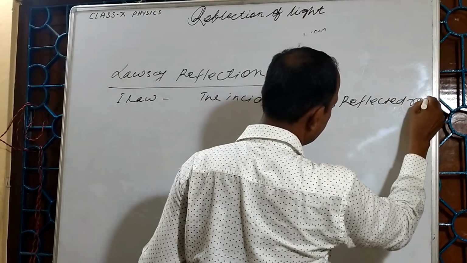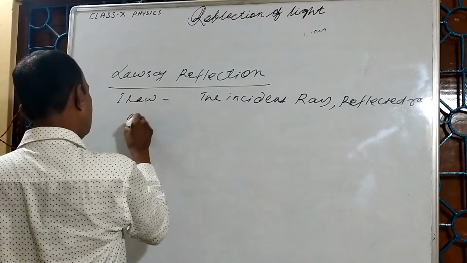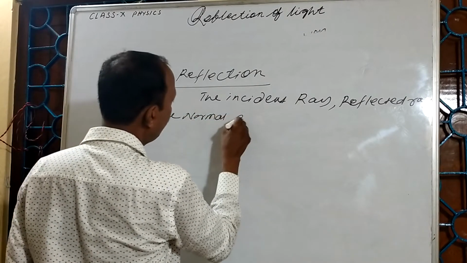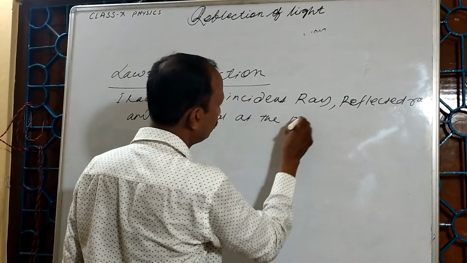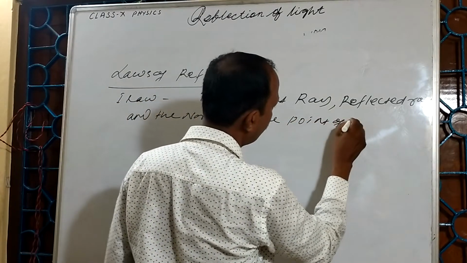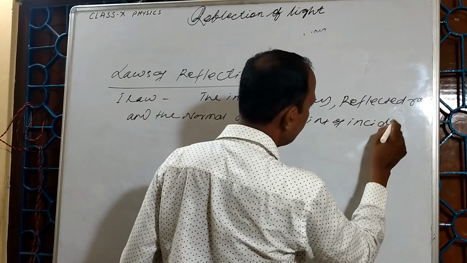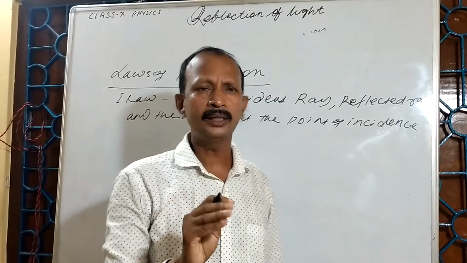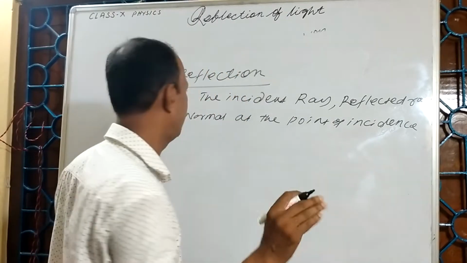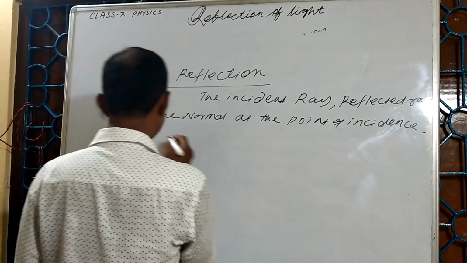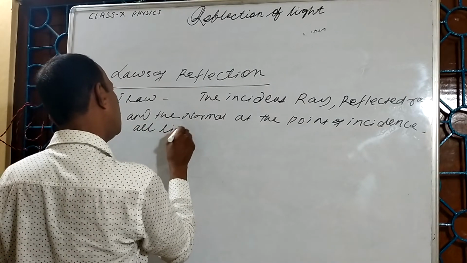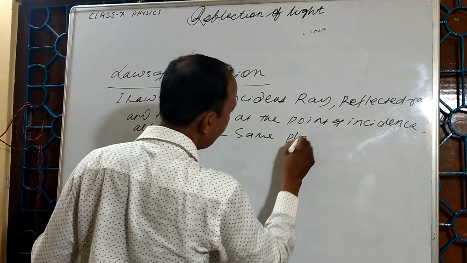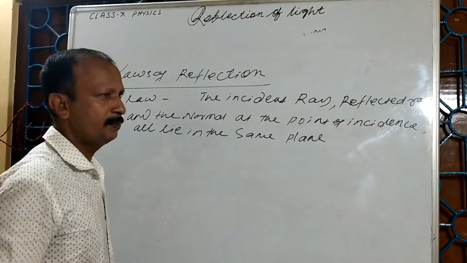The incident ray, the reflected ray and the normal at the point of incidence all lie in the same plane. What all lie in the same plane?